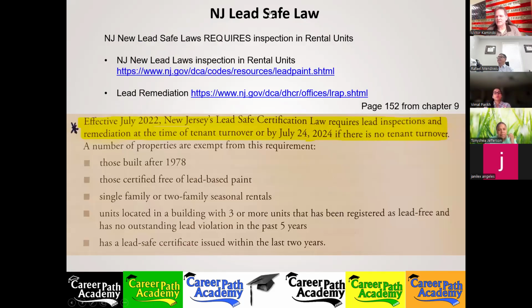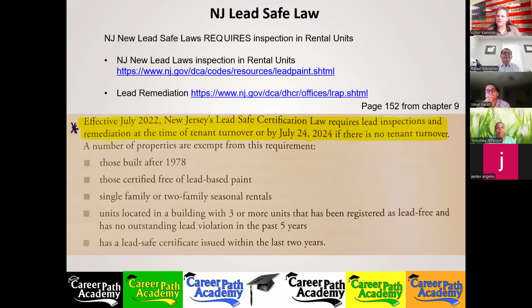And New Jersey has a lead safe law now, though. New Jersey came up with their own lead safe law that requires inspection. So effective July 2022, the New Jersey lead safe certification law requires lead inspections, whereas the federal law did not require it.